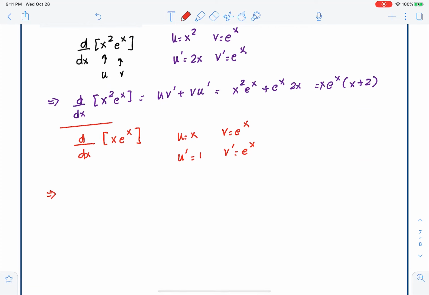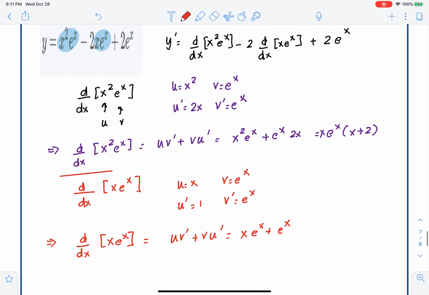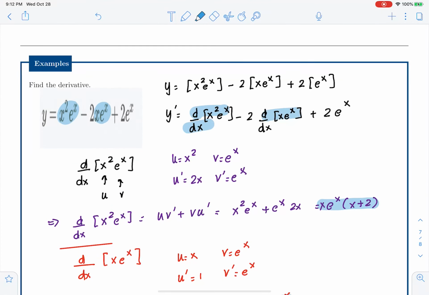So the derivative of x e raised x would simply be u v prime plus v u prime. u here is x, v prime is e raised x, v is e raised x, u prime is simply 1. Now we just have to take those derivatives that we found and plug them in here in their respective places.